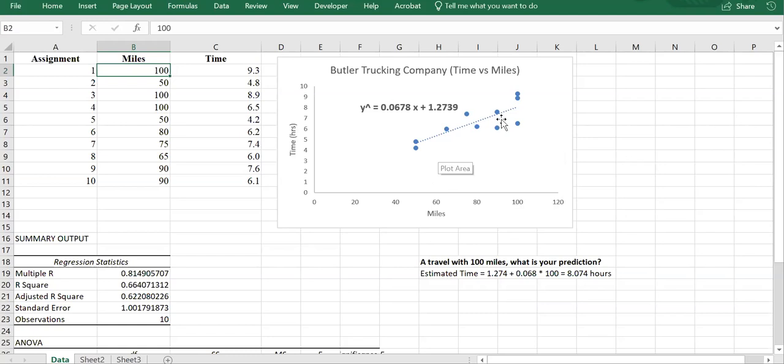This model that we've built here is only helpful if you are going to make predictions between these values, between 50 and 100. If you want to make predictions outside of these values, it's going to be risky. Other things can come into the picture.